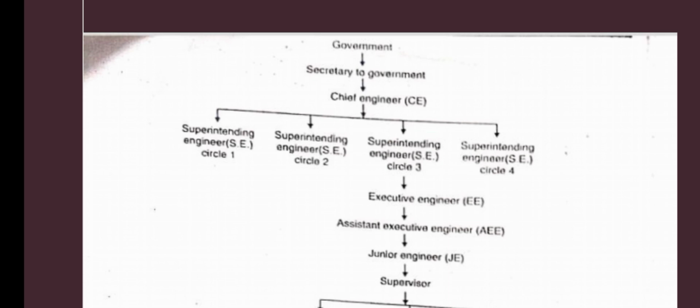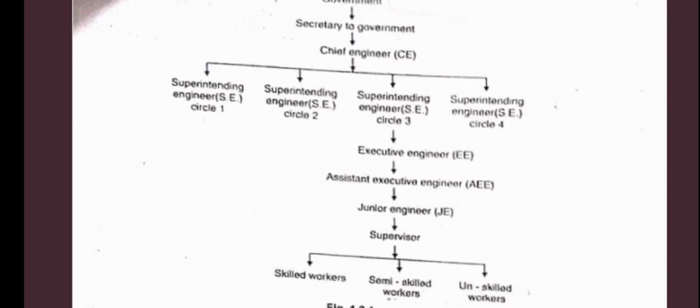For convenience, a superintending engineer is appointed on each of these circles. After this, the next is the executive engineer. Generally, the executive engineer is appointed at district level. If the workload is more, then along with the executive engineer, we can also appoint a deputy executive engineer.